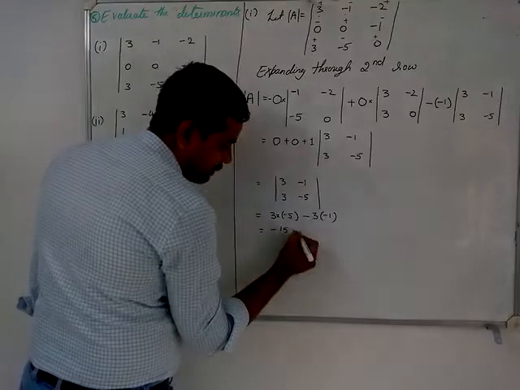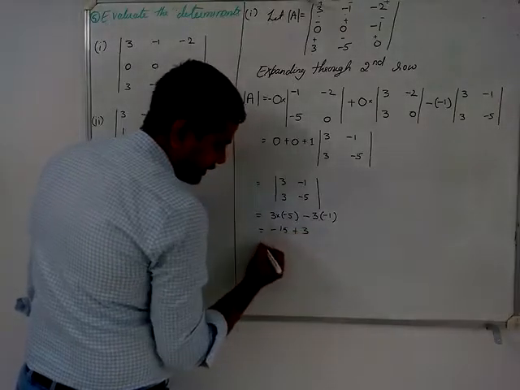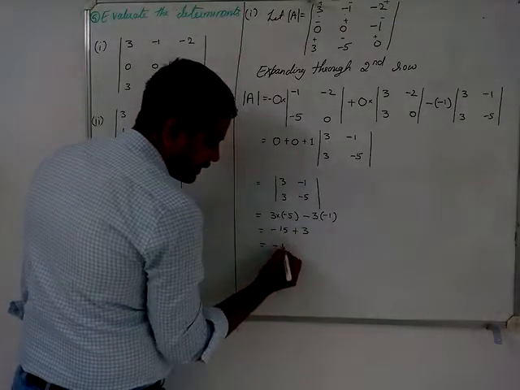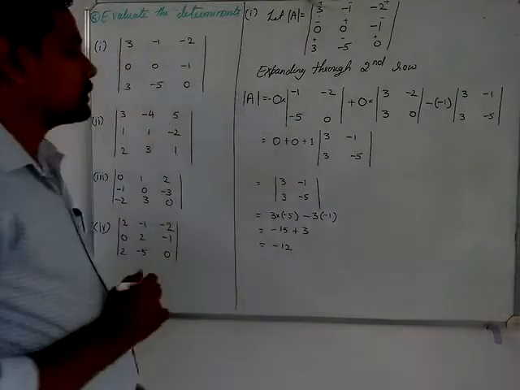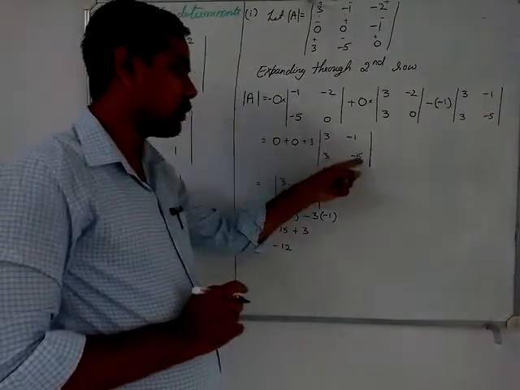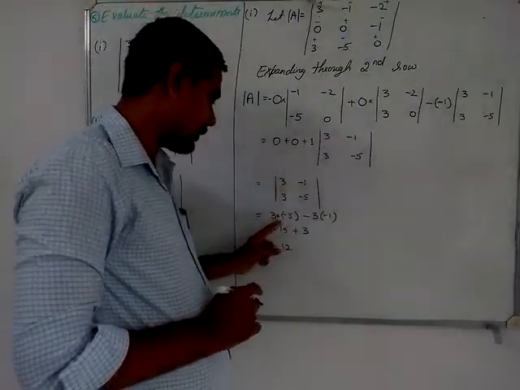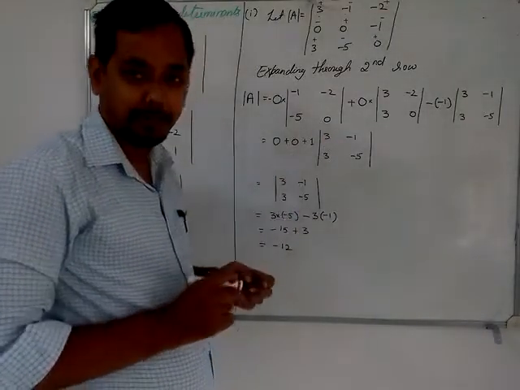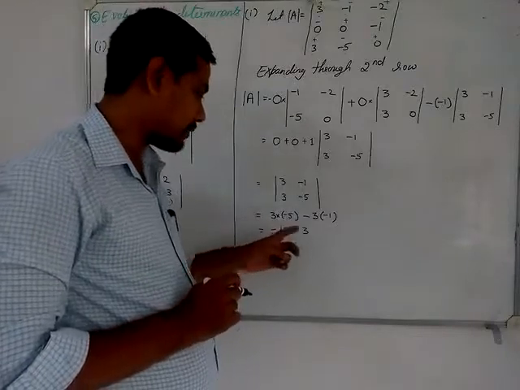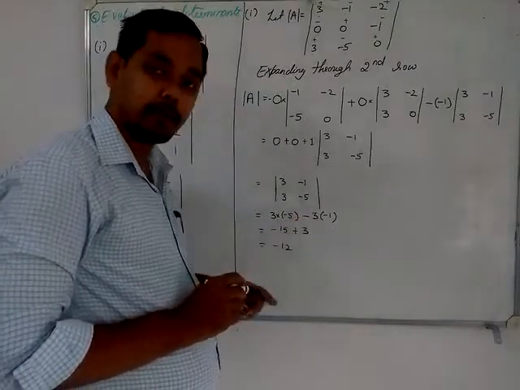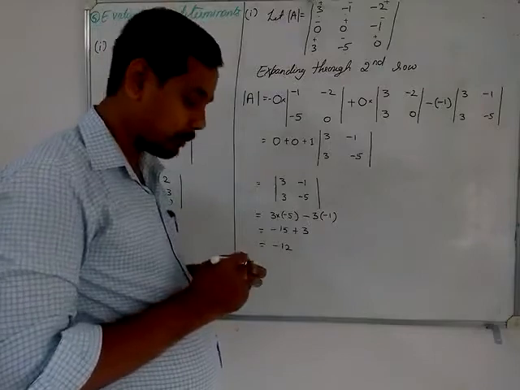Minus 3 into minus 1 is plus 3. So minus 15 plus 3 is minus 12. Is that clear? What is the method here? 3 into minus 5 minus 3 into minus 1, so it will be minus 12.